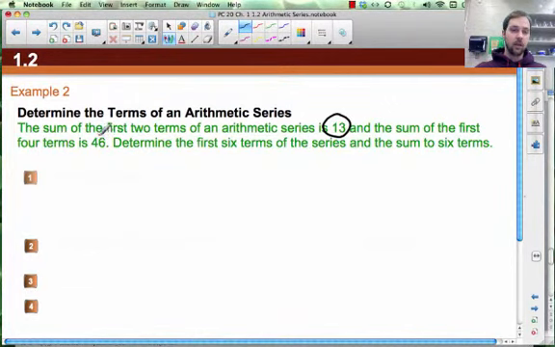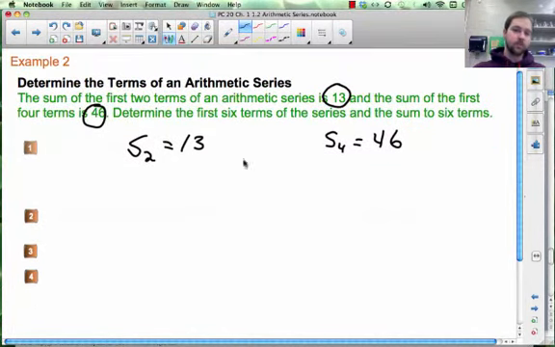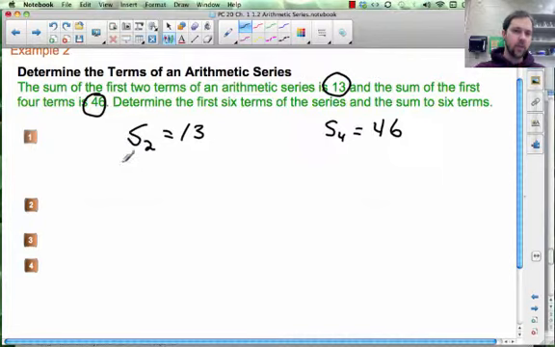We are not given any term values like Tn or T1. We're given S sub 2, which is 13, and S sub 4, which is 46. We can get a little bit of information out of this though.